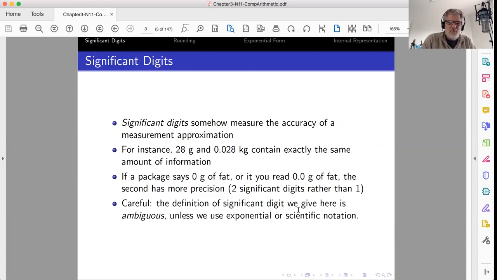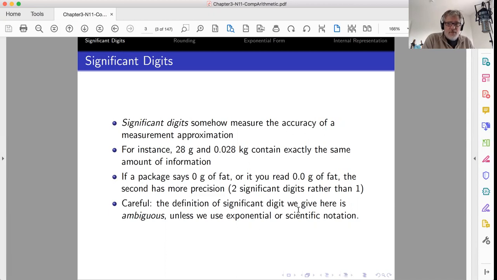By telling you that it has 0.0 grams of fat, you have more information, which is what significant digits is about. When we write 0 grams, there's one significant digit. But if you write 0.0, there are two significant digits. So there's more information conveyed in the second version.